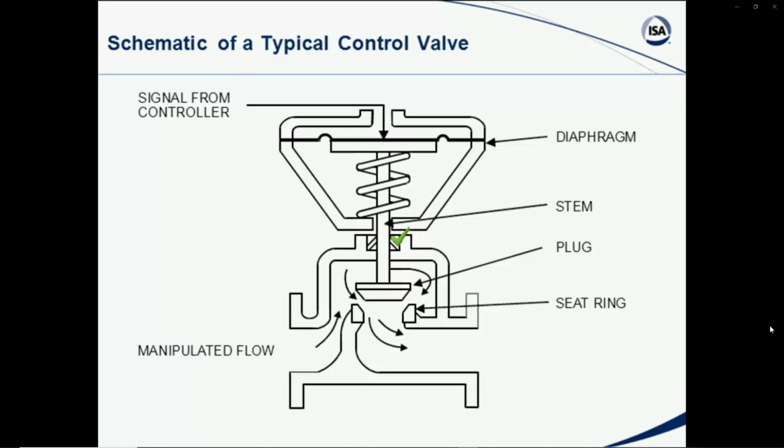This is normally a Teflon V-ring or some sort of graphite packing. In the olden days, we actually had asbestos packing, but you, of course, won't see that anymore. But you do have, so here we have the valve body.